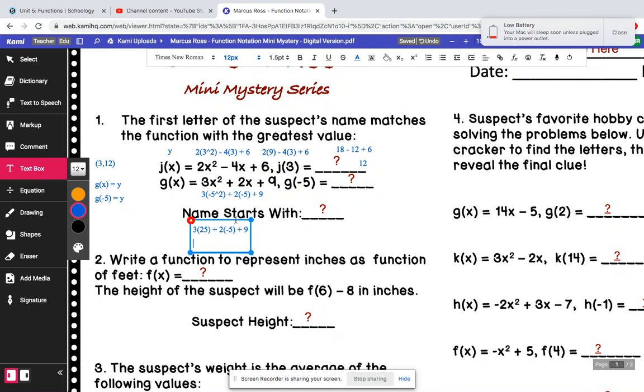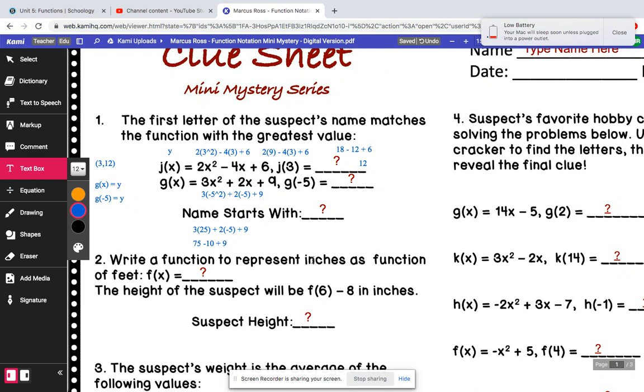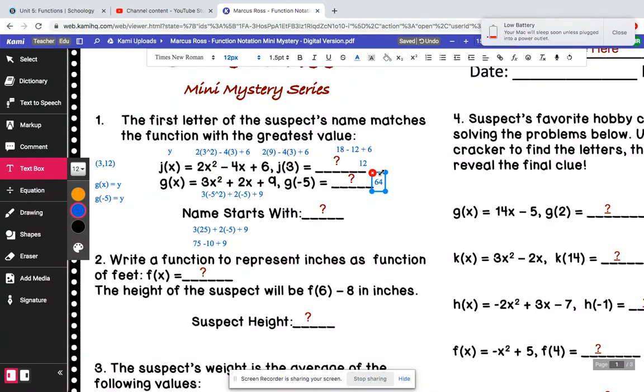Okay. So now we're here. 3 times 25 is going to give me 75, plus 2 times negative 5 is going to give me negative 10, plus 9. All right, so 75 minus 10 is going to give me 65. 65 plus 9 is going to give me 74 is my answer for this. So my points for this is that when x is negative 5, y will be 74.